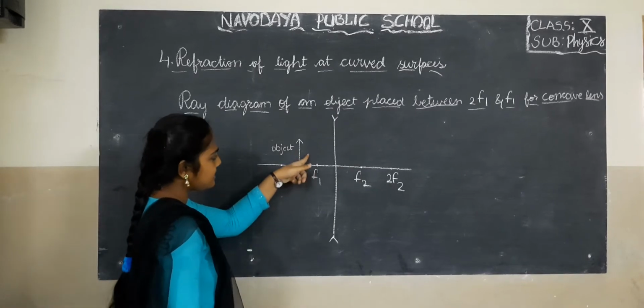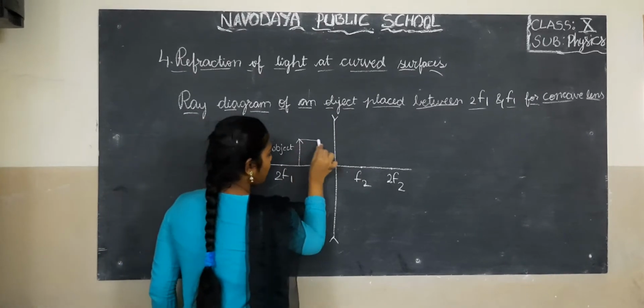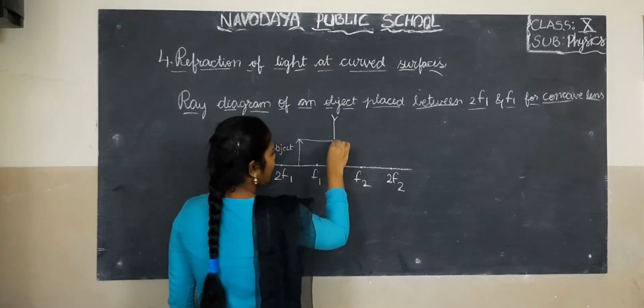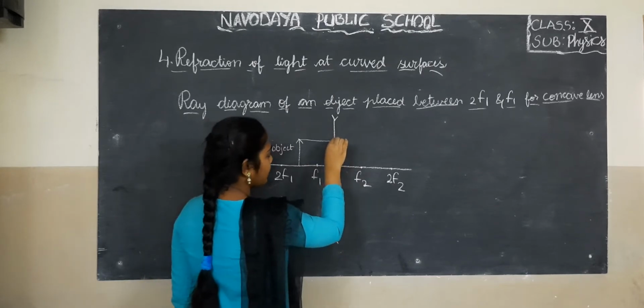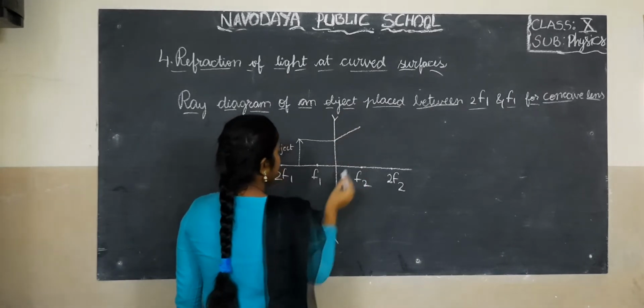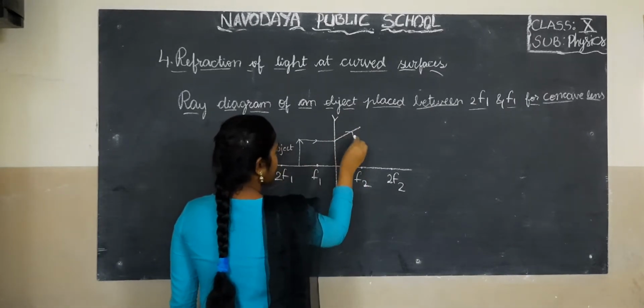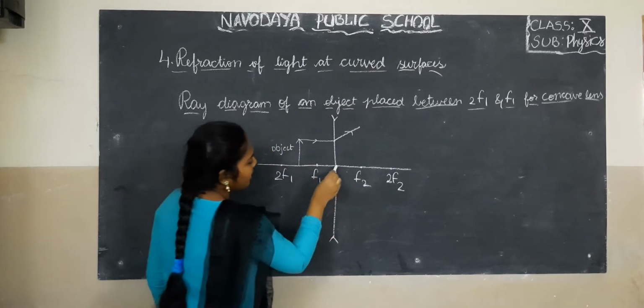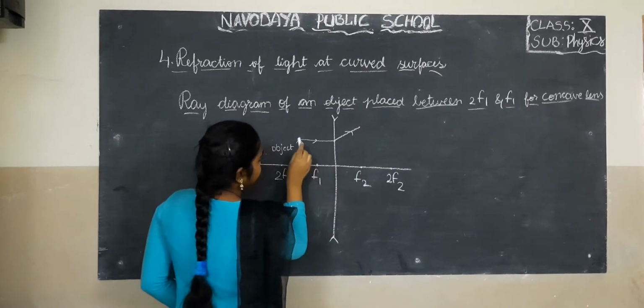Here the first light ray is drawn parallel to the principal axis and meets at one point on the concave lens and diverges. And the second light ray goes through the optic center.